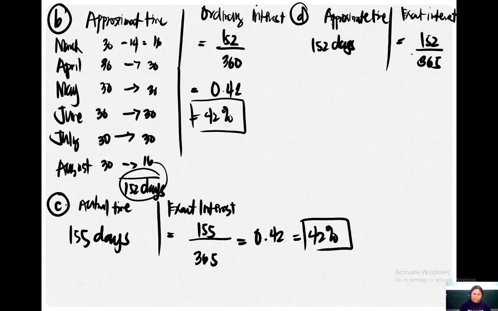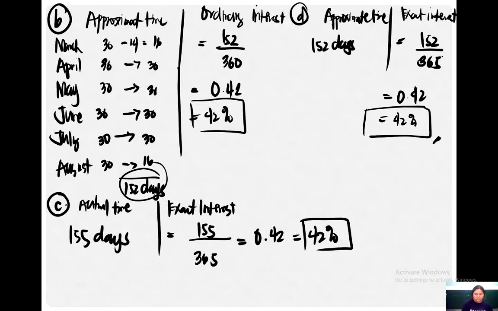Let's get the quotient. The answer is, it's already rounded off na klasa, 0.42. So if we use the exact interest and the approximate time for the loan of 28,700, the interest rate is 42%. Not 0.42%, kasi this is just 42%.